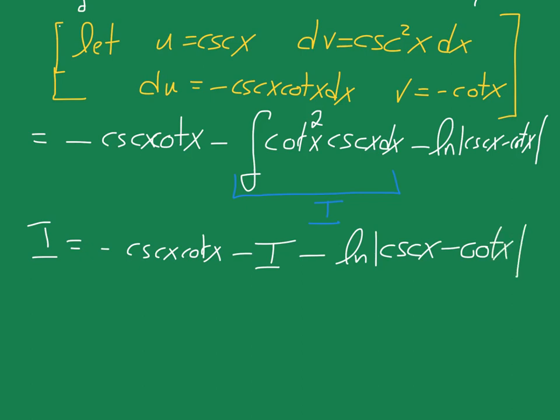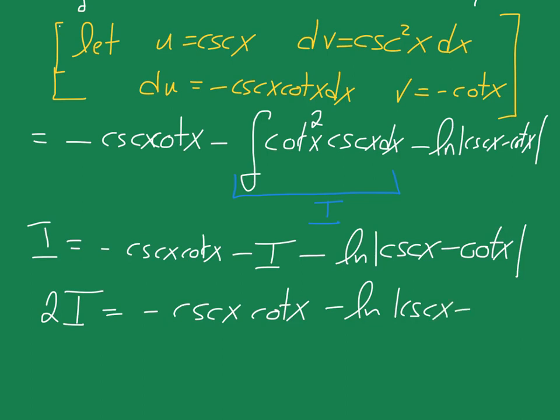And that means that 2I is equal to minus cosecant x cotan x minus the log of the absolute value of cosecant x minus cotan x.